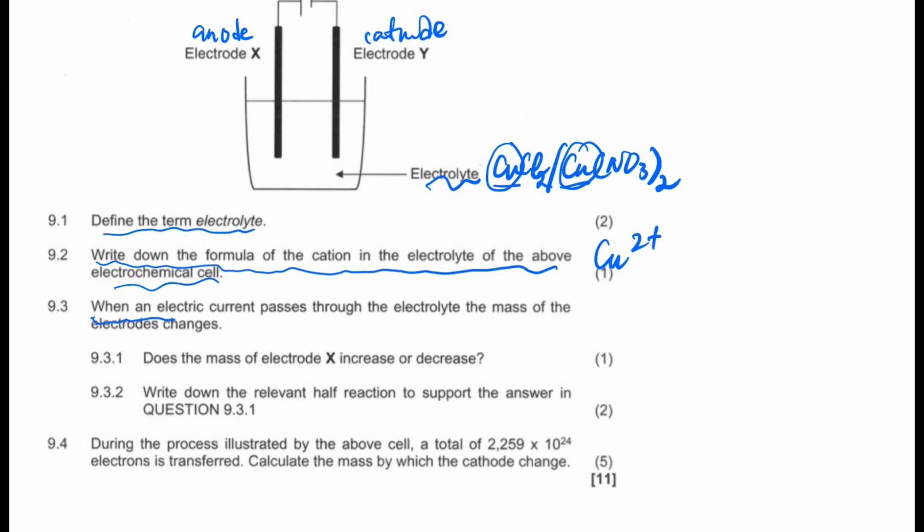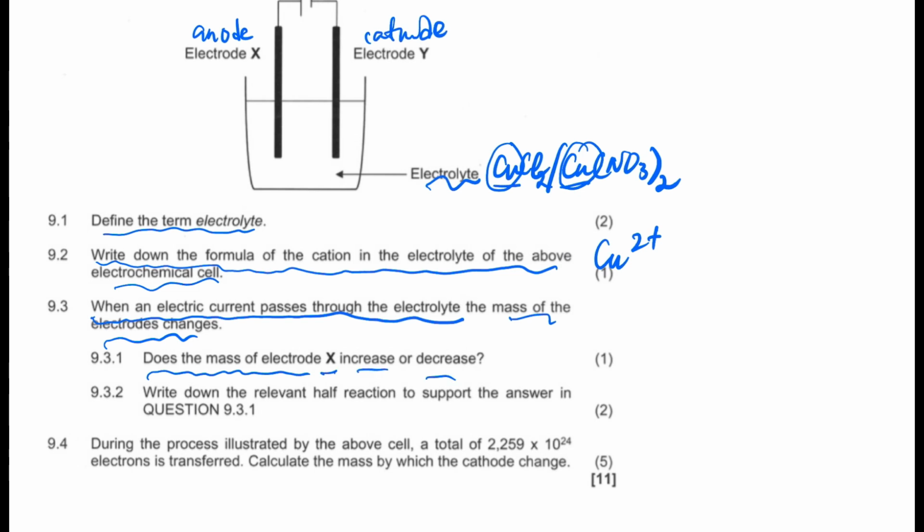It says when an electric current passes through an electrolyte, the mass of the electrode changes, right? It says, does the mass of electrode X increase or decrease?